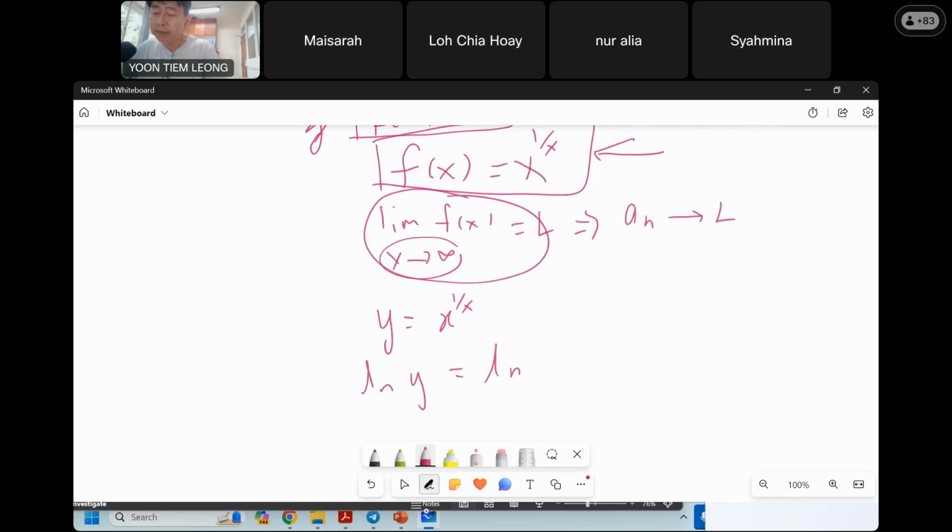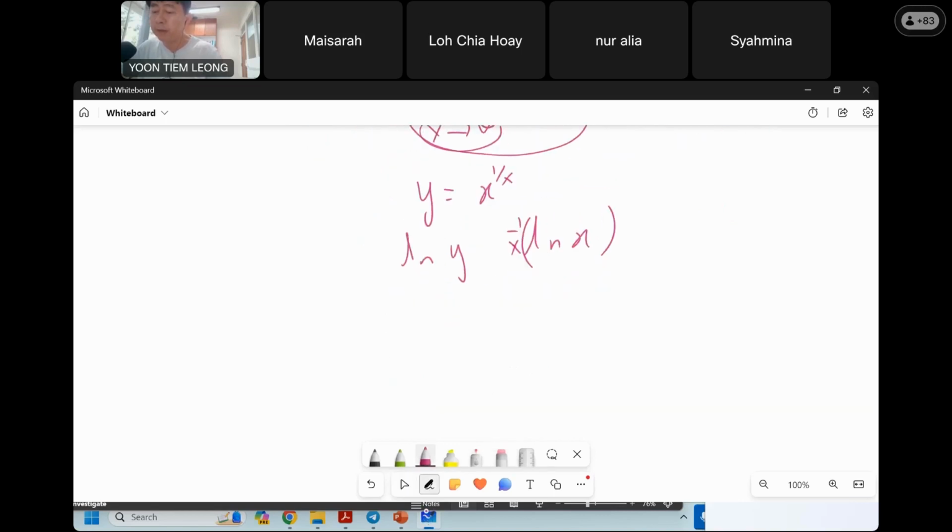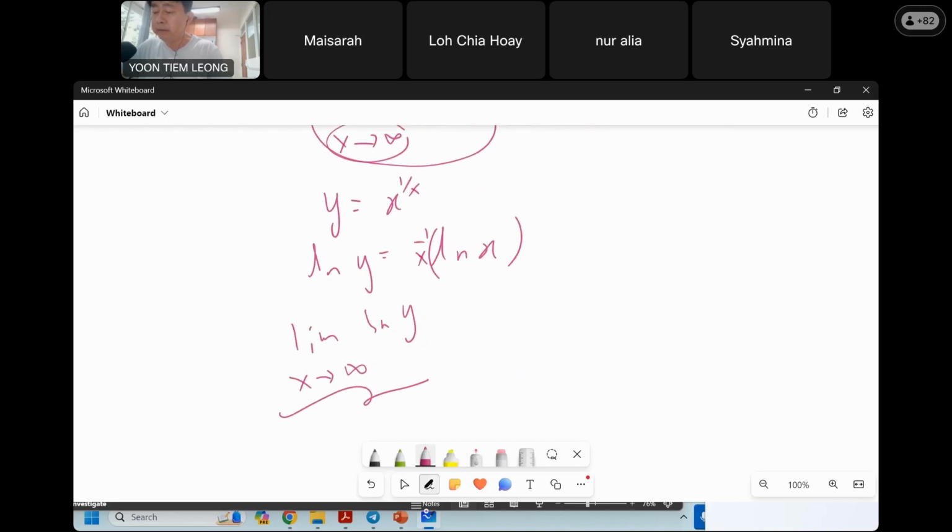So when I take the log of both sides, I have ln y equals 1 over x times ln x. After I've taken the log on both sides, I'm going to take the limit later. So I'm going to find the limit of ln y when x goes to infinity. The limit of ln y when x goes to infinity is the same as the limit as x goes to infinity of ln x over x.